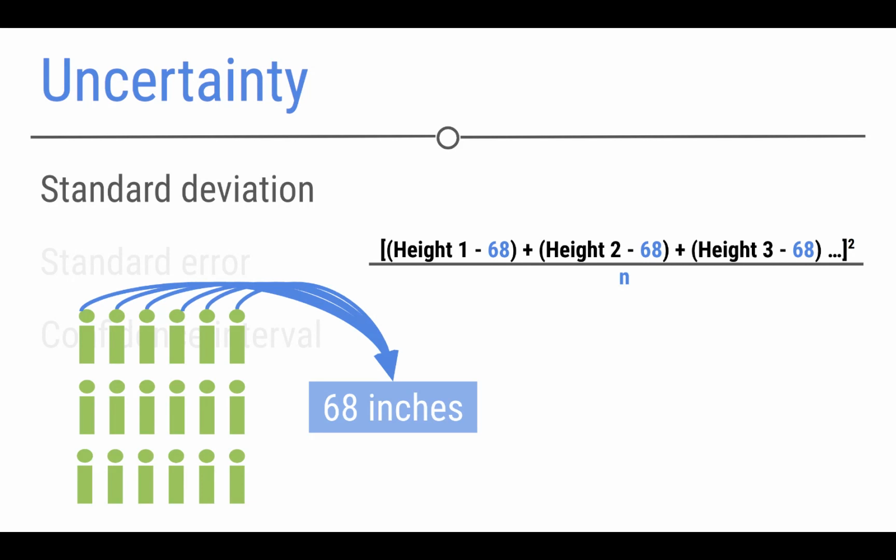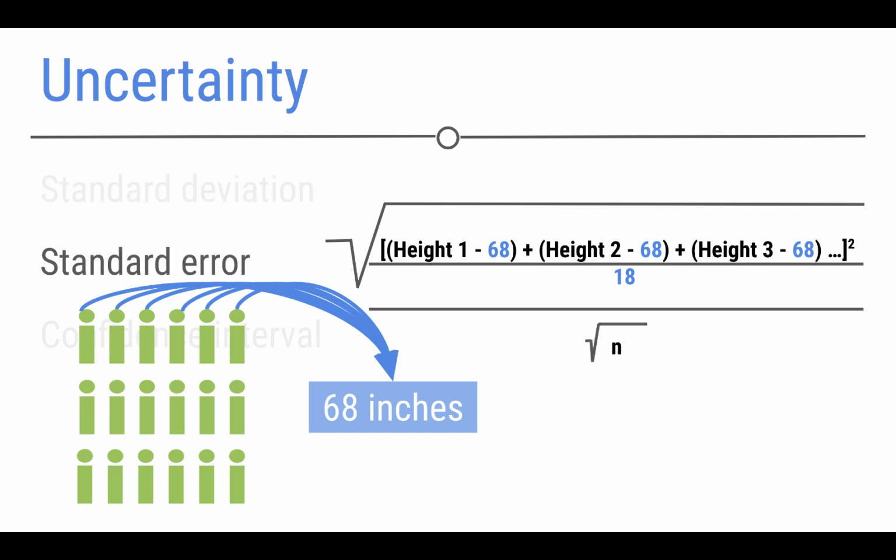In this case, I had 18 people, so I divide by 18, and then take the square root of the whole quantity. So I take all those heights individually, subtract the mean, square and sum, divide by the sample size, and take the square root, and that gives me this measure of spread, standard deviation.